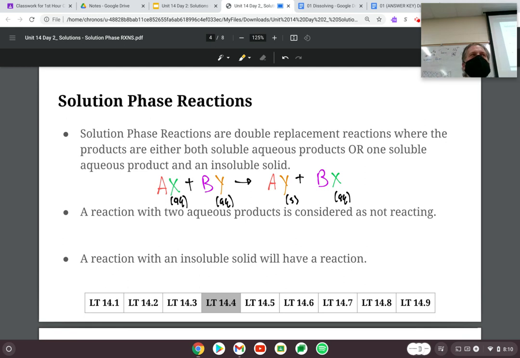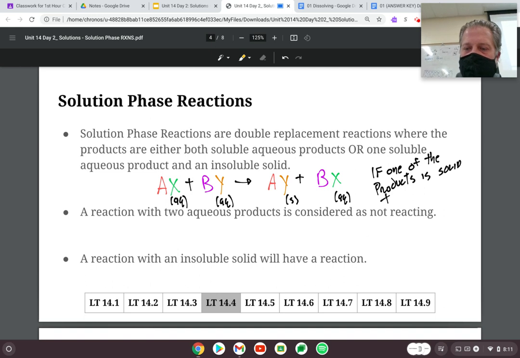If one of the products is a solid, the reaction will occur. So if you have two products that are both aqueous, no reaction.